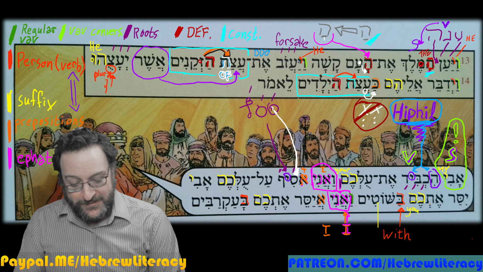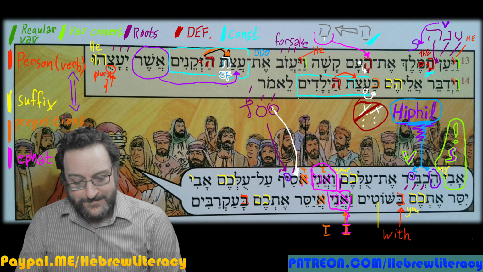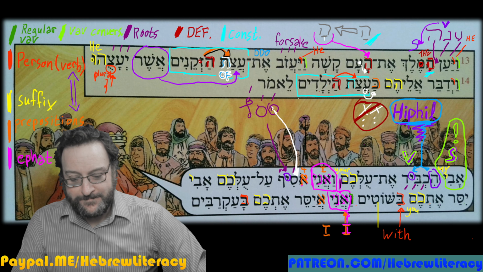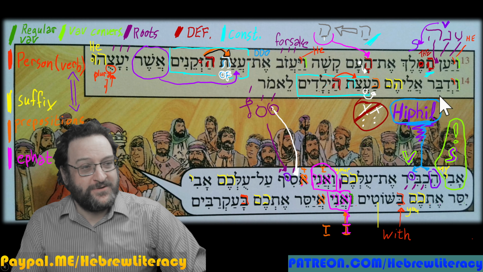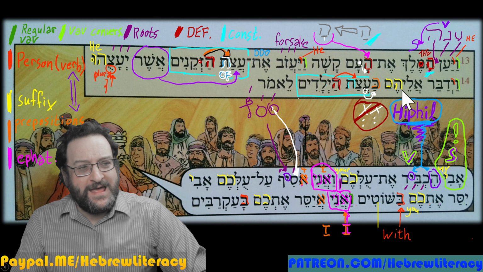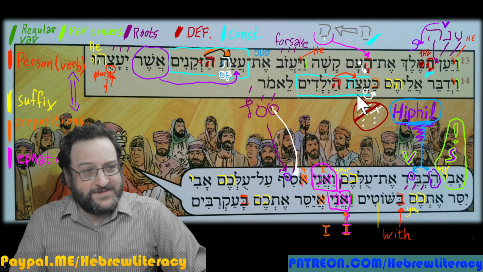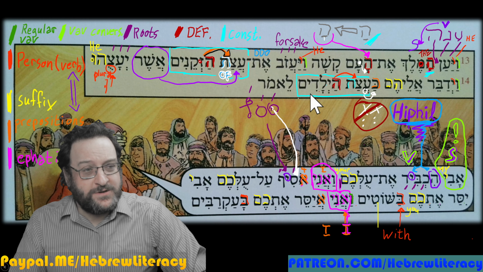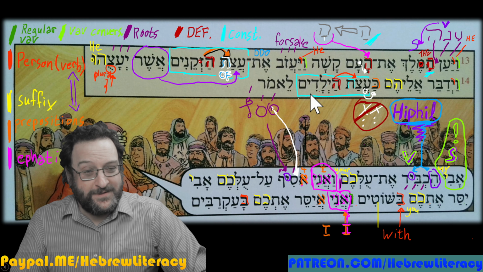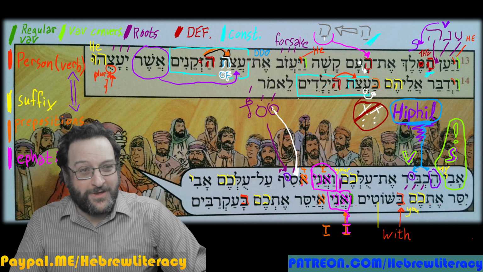All right, so I'll read that verse one more time and then we'll be done. Verse 14. I think the white pointer may be easier to follow. Vaydaber alehem, but he answered them. He spoke unto them. Ka'atzat hayladim, according to the counsel of the babies, the children. Le'amor, saying.